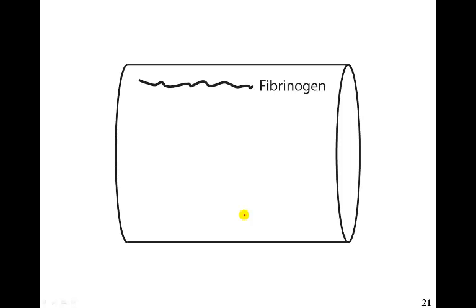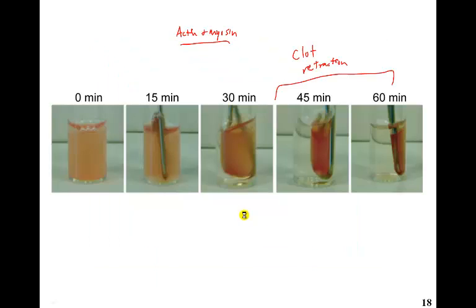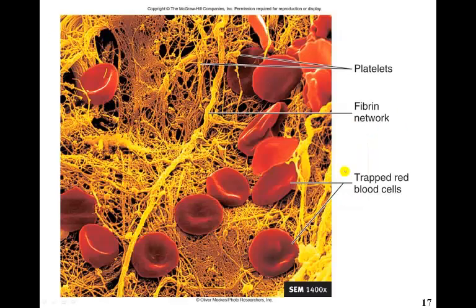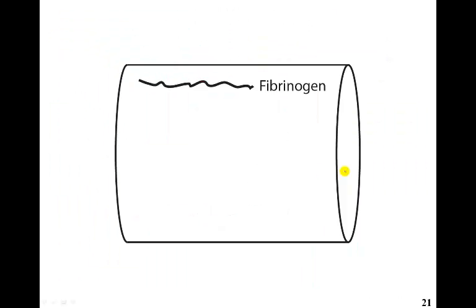It's not sticky, it doesn't stick to itself and doesn't form a network. It's just always floating there. We did actually encounter fibrinogen already, because one thing it does is help the platelets stick to one another during platelet plug formation. So that's one role that fibrinogen has.